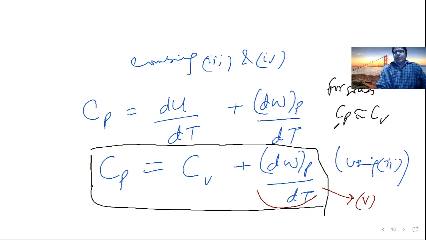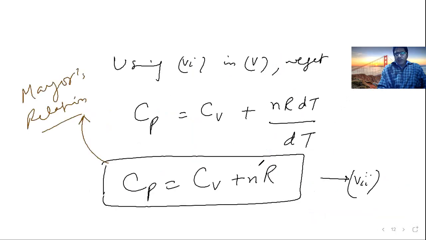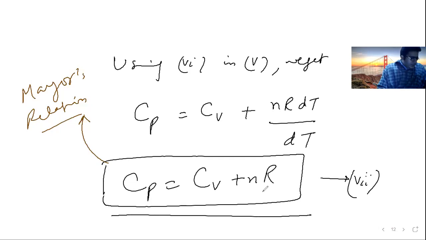And this approximation will also hold for liquids, because they also expand little when they are heated, but compared to solids, Cp and Cv will be different, right? But for an ideal gas, there is a substantial difference between Cp and Cv, and that is indicated by this particular equation, right?